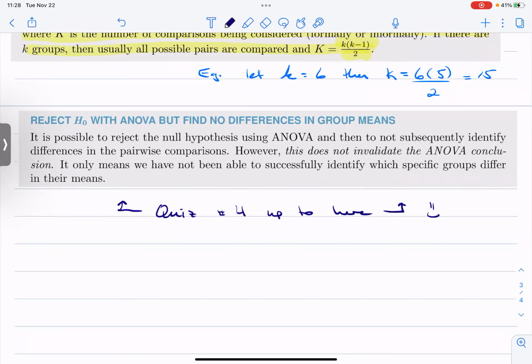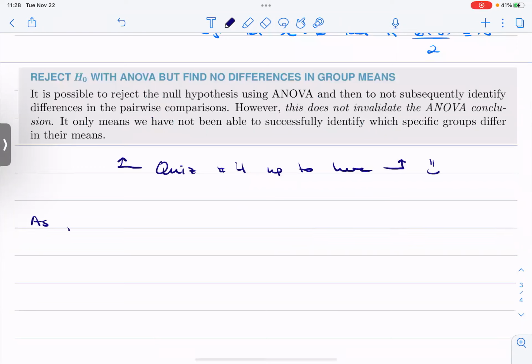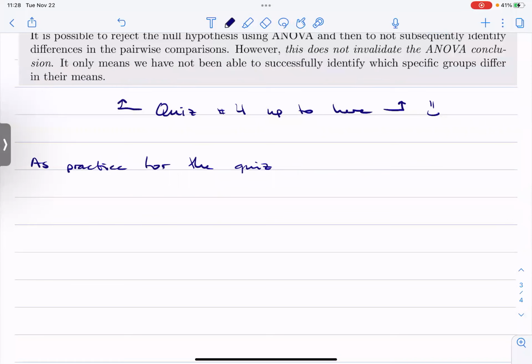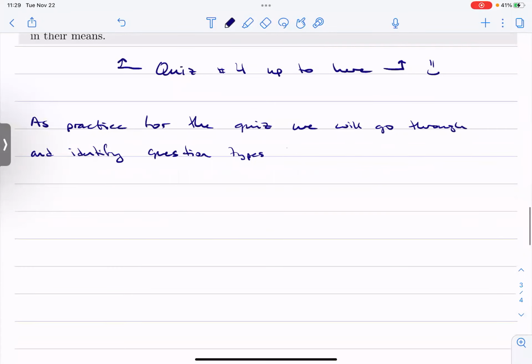And so as practice for the quiz, we will go through and identify the question types for the practice questions posted.